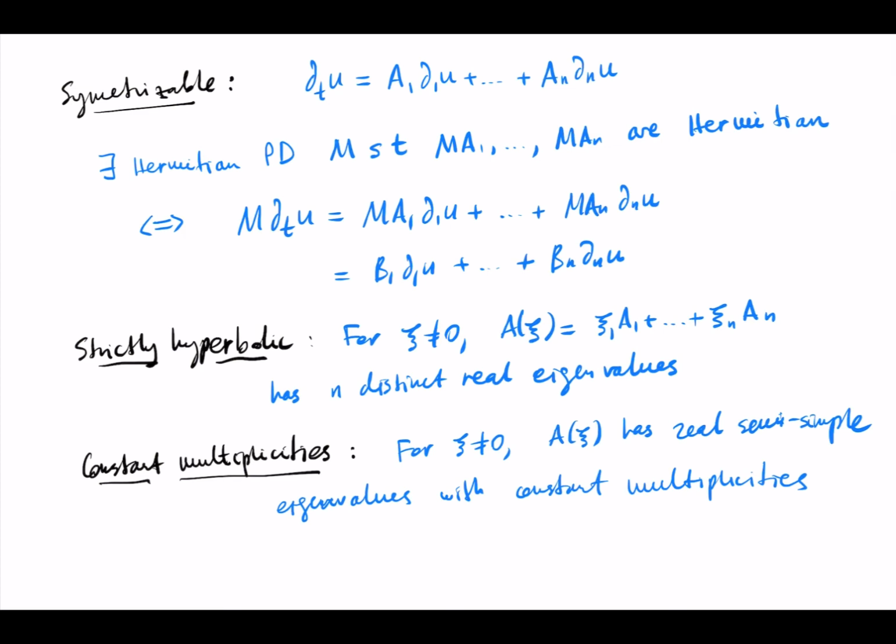The proof is not very hard. And more generally, we have hyperbolic systems with constant multiplicities. This means that the principal symbol of the right hand side has real semi-simple eigenvalues with constant multiplicities. So you can see that strictly hyperbolic systems are special cases of systems with constant multiplicities, where the multiplicities are 1.